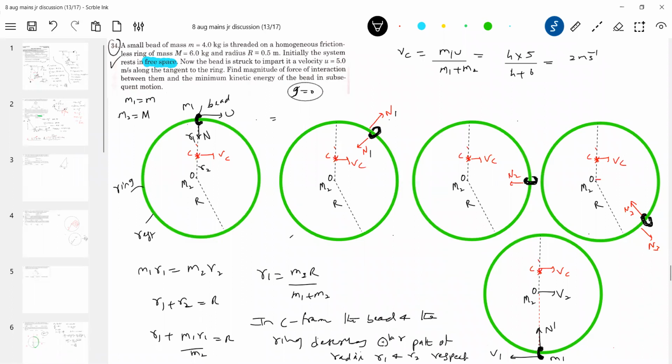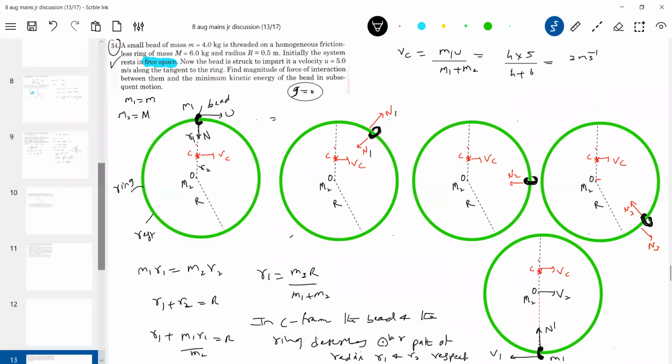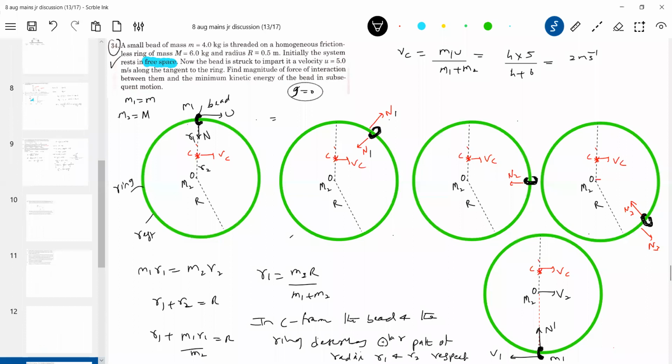So therefore, what is the force of interaction? N should be equal to M1 times the velocity of the bead with respect to center of mass, U1C squared by R1. The force of interaction is what has to be calculated. First we'll calculate that part.